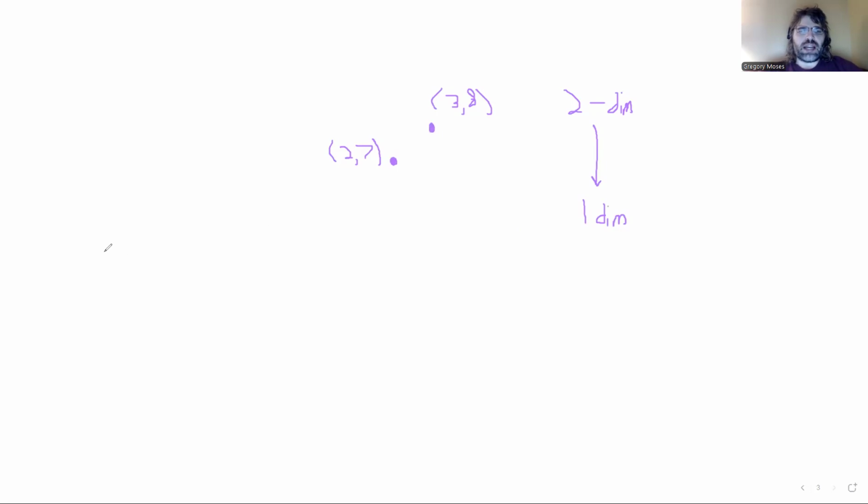You could do that in the following way. Draw a straight line and then project these points orthogonally down onto the straight line.